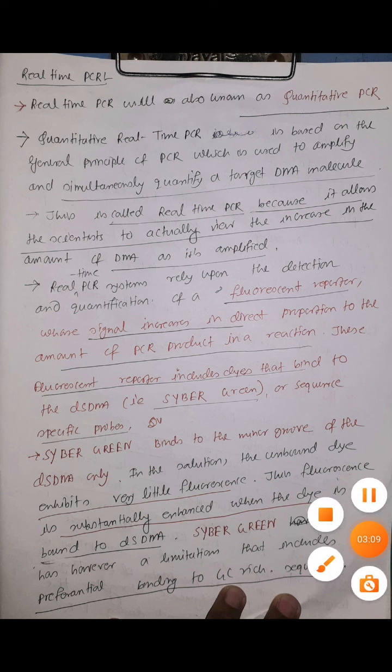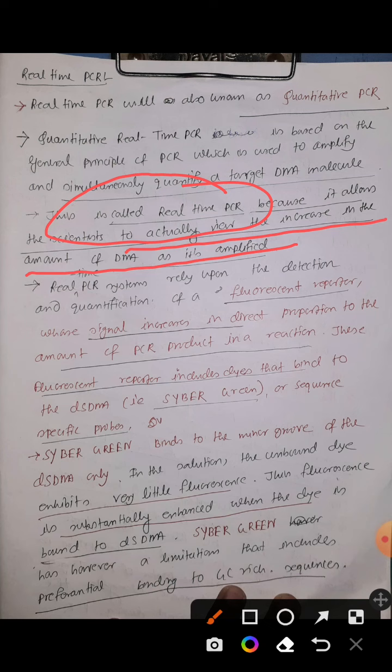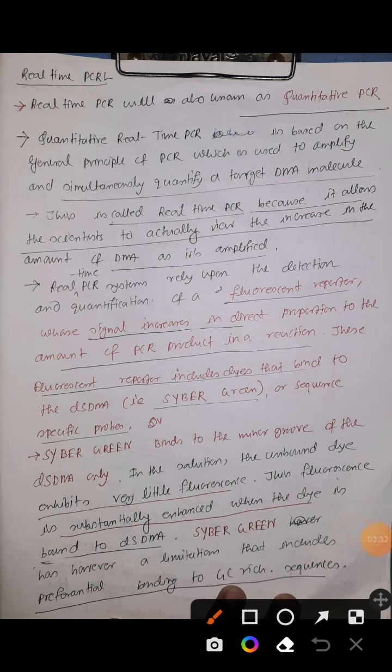A question may come: why is quantitative PCR also known as real-time PCR? Then you have to write that quantitative real-time PCR allows scientists to actually view the increase in the amount of DNA as it is amplified. Now the question is, how does real-time PCR allow scientists to view this?